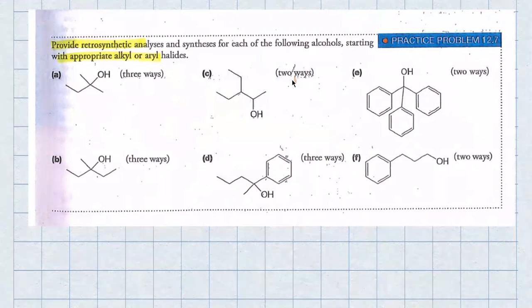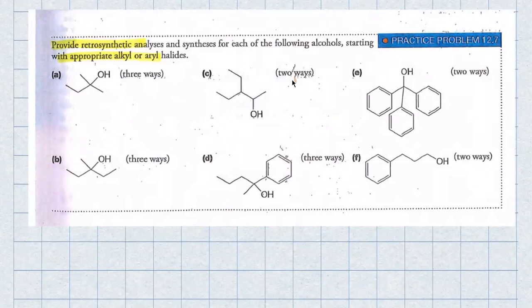Obviously, you can add the phenyl magnesium bromide or something like that. But that could come from another type of reaction too. It can come from a reduction, which we haven't talked about yet. So we're gonna stick with the Grignard.